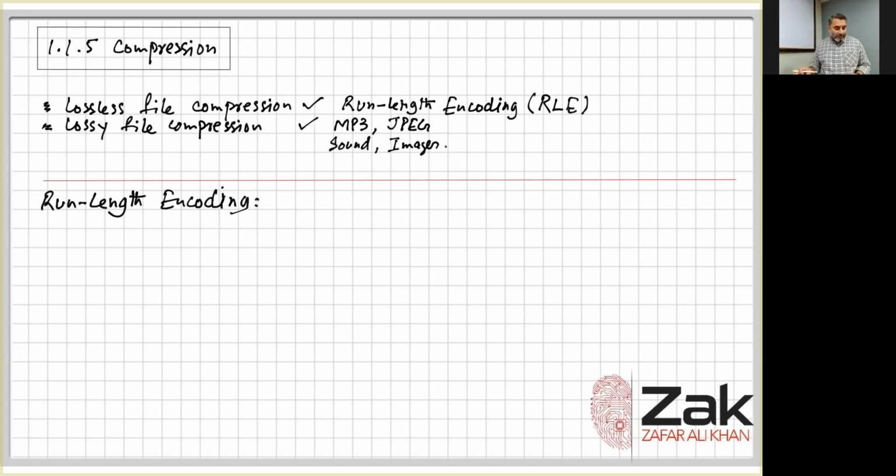So it can be used to compress a number of different file formats. It is a form of lossless file compression, as I told you earlier, that reduces the size of a string of adjacent and identical data, such as repeated strings maybe, or if it is different data then identical repeated colors, maybe in images or characters in a string.